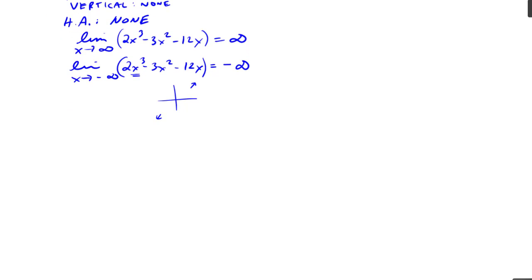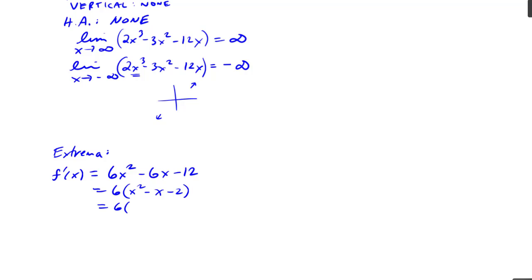Okay. Let's go to the extrema now. So I'm going to need my derivative. So f prime is just going to be 6x squared minus 6x minus 12, which is 6 times (x squared minus x minus 2), or in other words 6 times (x plus 1) times (x minus 2).